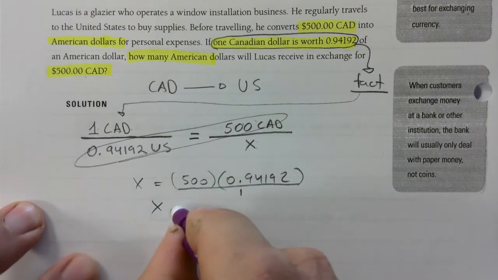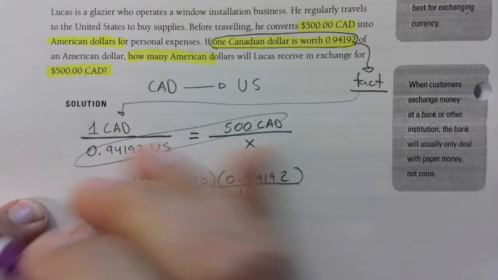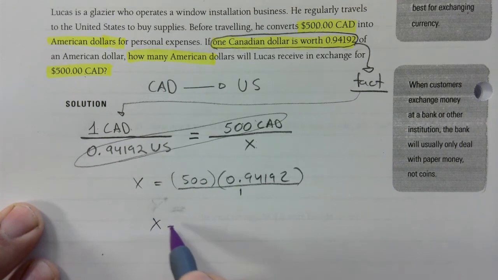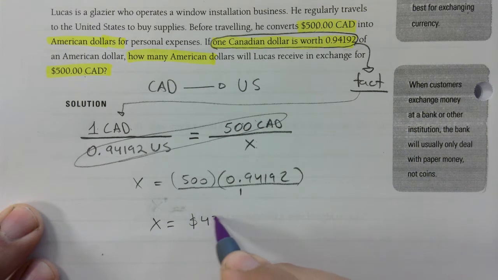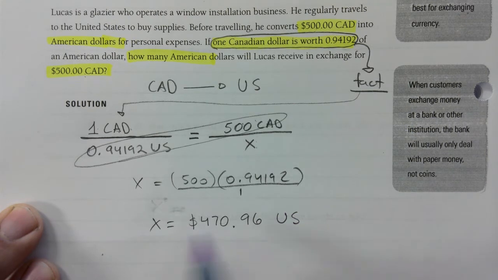And just move this further down a bit. $470.96 US, okay?